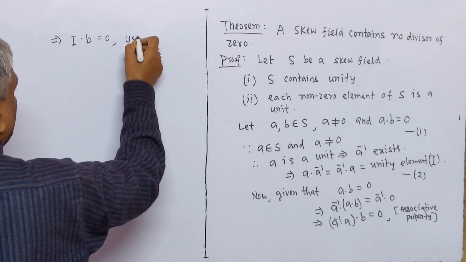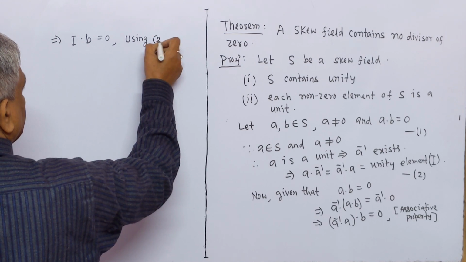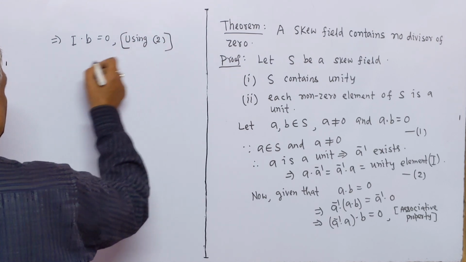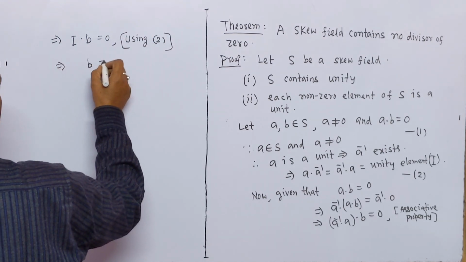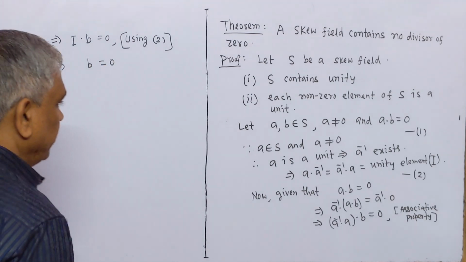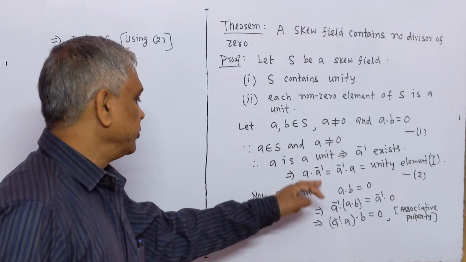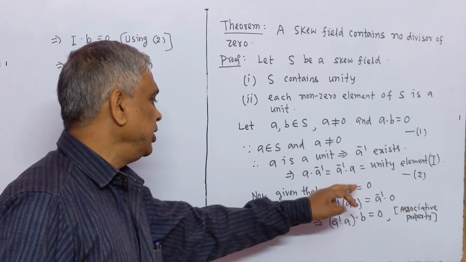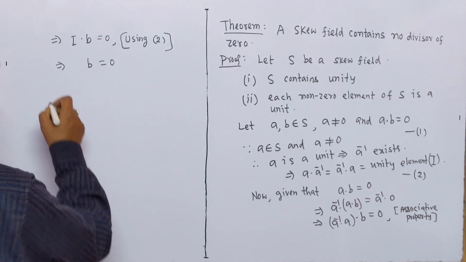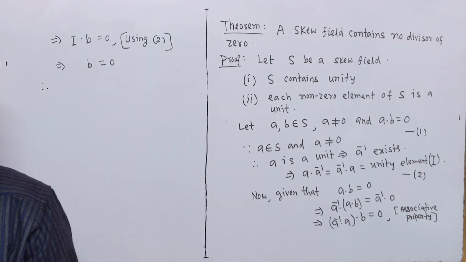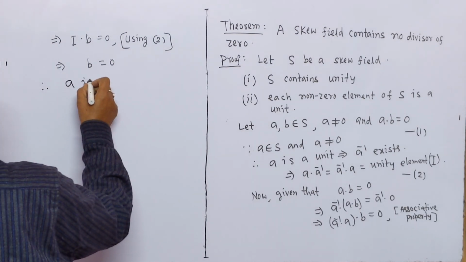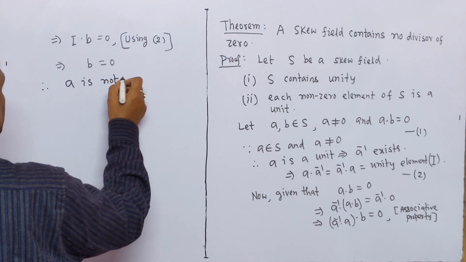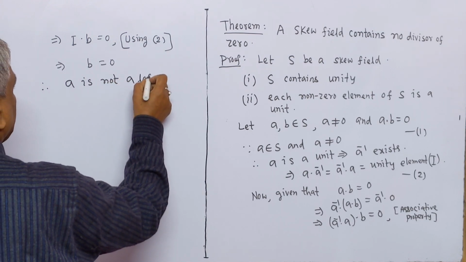This is using 2. This implies that B equals 0. Therefore, A not equal to 0 and A multiply B equal to 0 gives B equal to 0. Therefore, A is not a left divisor of 0.